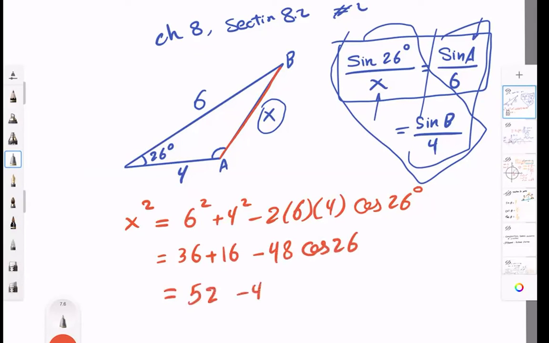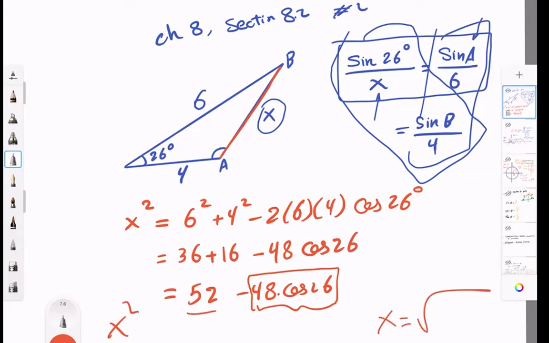So 52 minus 48 cosine of 26. You need to be very careful with the way you calculate this. You have to calculate the cosine term first. Also, make sure your calculator's mode is in degrees, not radians. After making sure those are okay, you do this, then subtract from 52. This will be x squared, then x will be the radical of that.